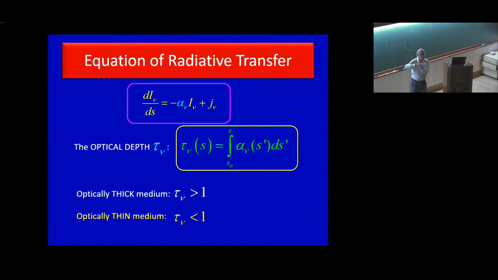We define the absorption as per unit length. So it is the integrated absorption over a column length which goes from the observer to the source. So the optical depth is a dimensionless number. It is an integral of the absorption coefficient. When the optical depth is greater than 1, we say the medium is optically thick. If the optical depth is less than 1, we say the medium is optically thin.